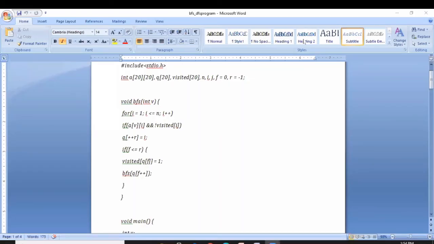Is the Word file being shared? Is the Word file visible, ma'am? Ah, the Word file program is visible, no? Thank God.